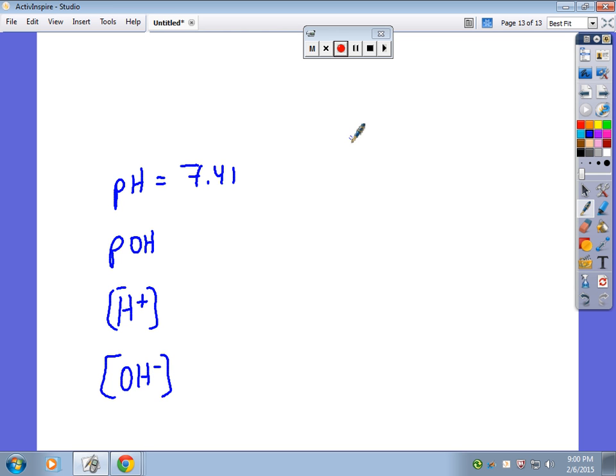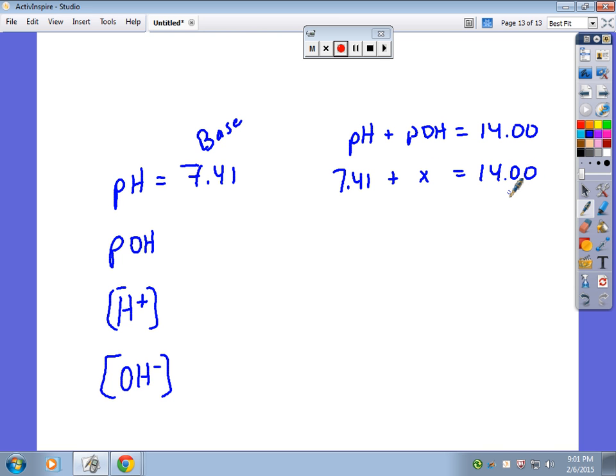Well, we know that pH plus pOH is equal to 14. So if my pH is 7.41, which is really just slightly a base, isn't it? Why is it slightly a base? Because it's over 7. So my pH is 7.41 plus X equals 14. What's my pOH? I subtract, and my pOH is 6.59.